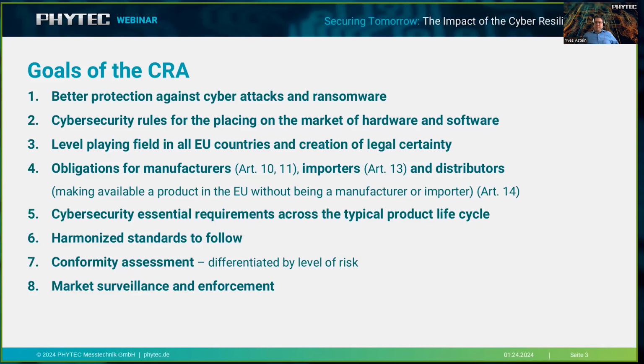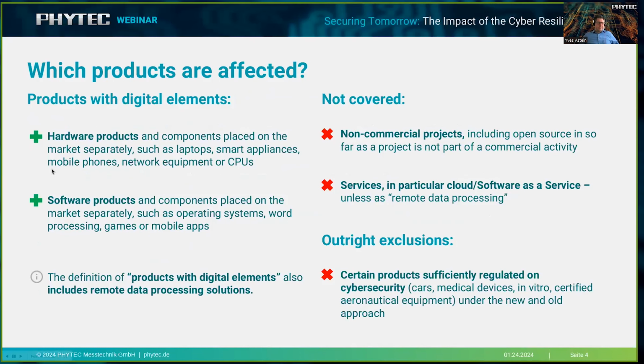So which products are affected? Affected are products with digital elements. That can be hardware products like laptops, mobile phones, network equipment, or hardware components like CPUs. Also affected are software products which are placed on the market, like operating systems, but not only this: word processing, games, or mobile apps.